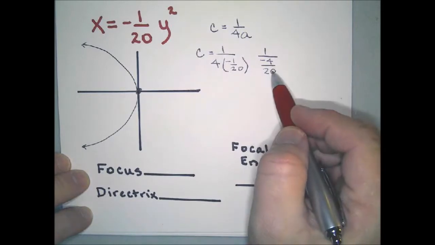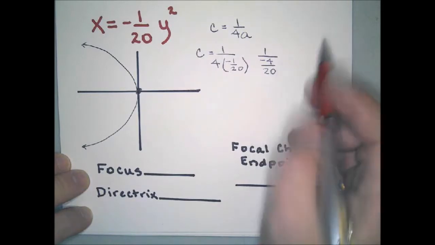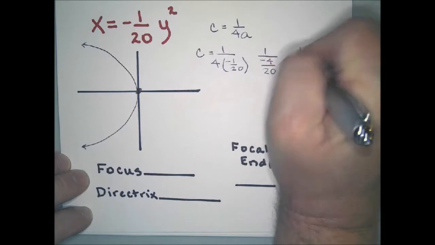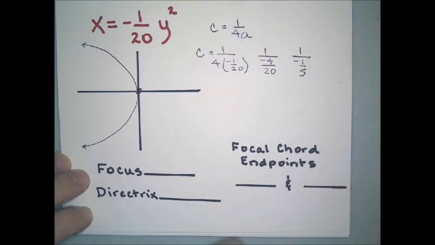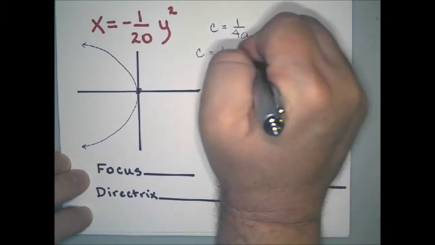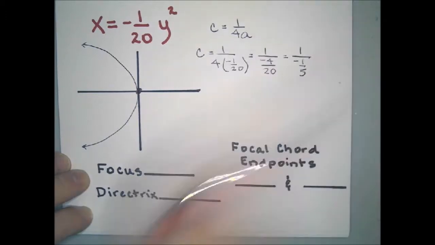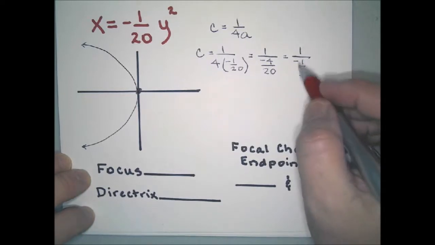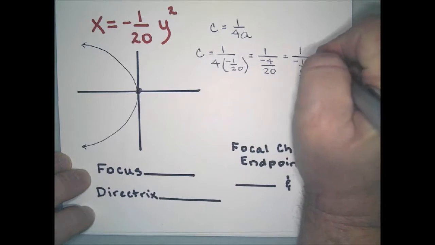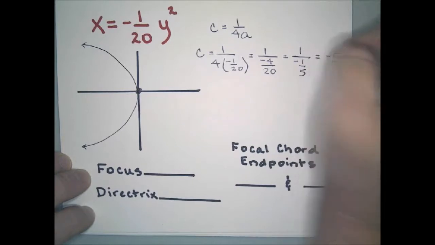This can be reduced. 4 over 20 is 1 over 5. So now we have 1 over negative 1 over 5. And like we saw, we're not going to go through the math of why this happens again, but 1 over negative 1 over 5 is simply negative 5.